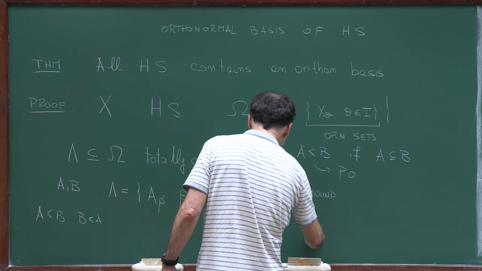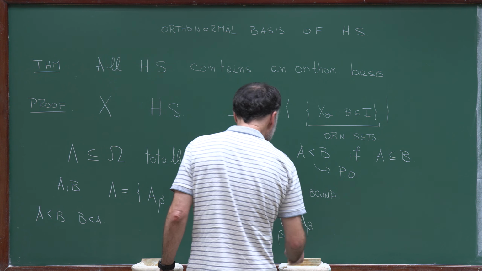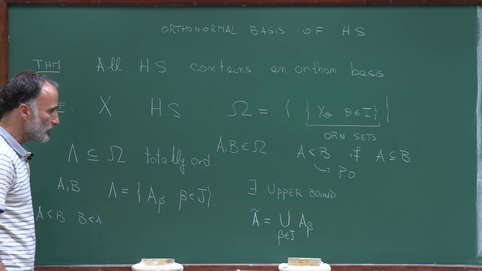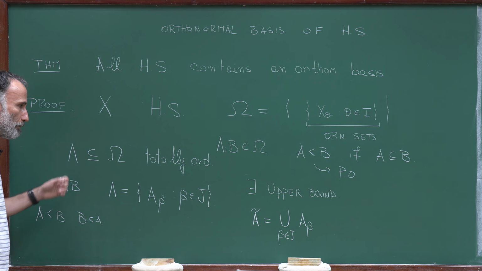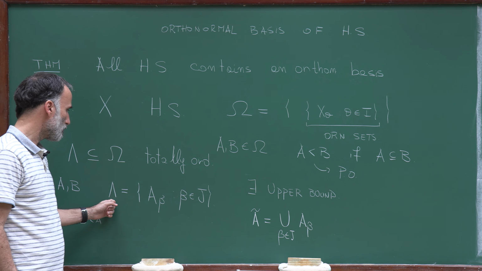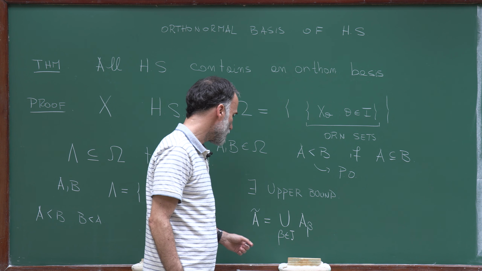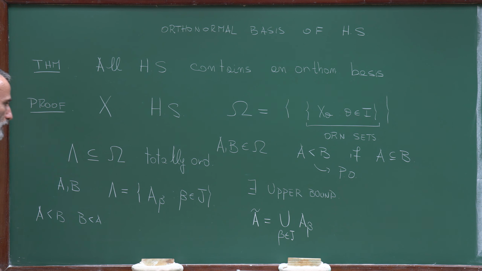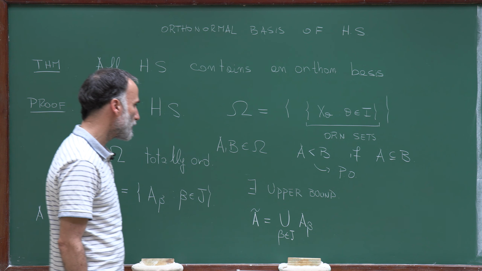So I'm calling these elements A_B, and I'm taking the union. So it's clear that A tilde is an upper bound for lambda. If you take any element of lambda, any element A_B, A_B is contained in the union, and therefore A_B is smaller than A tilde for this partial order.